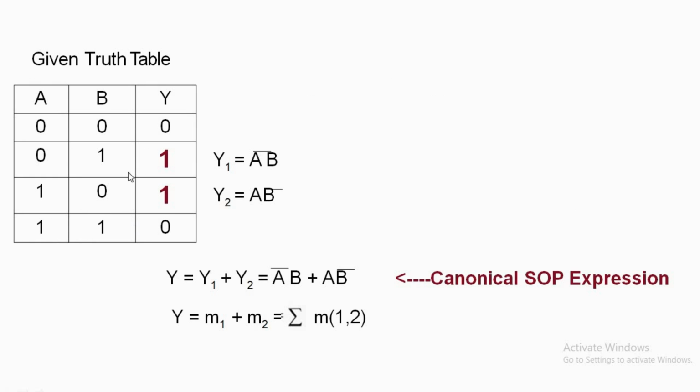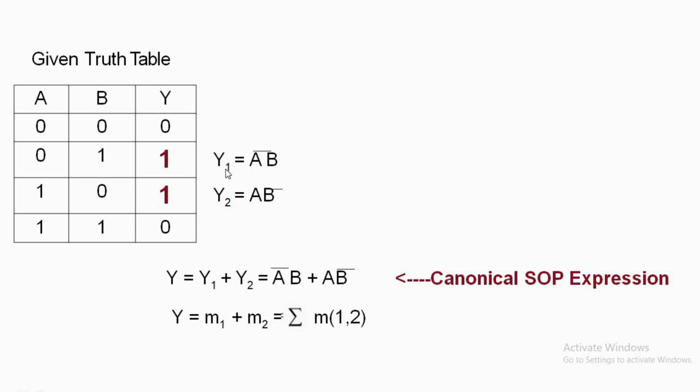So this is a given truth table. How many variables are there? 2 variables, A, B. For 2 variables there are 4 possible combinations and the last column is for output. The output is 0, 1, 1, 0. So we have to consider only the last column. In the last column, only the second row and third row we have to consider, because their output is 1.